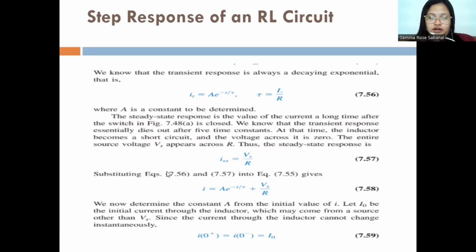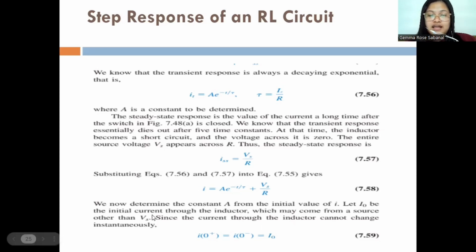Substituting equations 7.56 and 7.57 into equation 7.55, it gives us this formula. We now determine the constant A from the initial value of i.